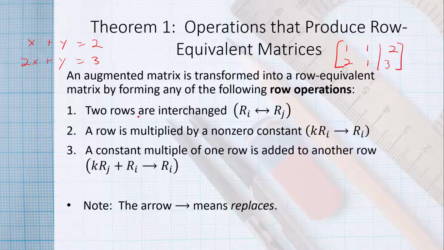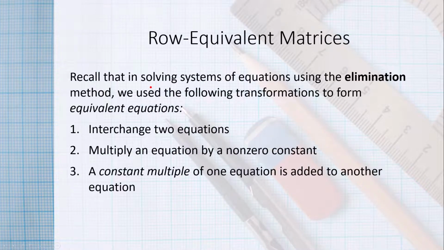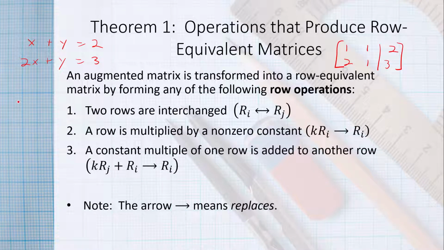Now, in our previous slide, we can interchange two equations. So I could write this as 2x plus y is equal to 3, and then x plus y is equal to 2. We've done absolutely nothing here. Well, that's the exact same thing as going 2, 1, 3, 1, 1, 2.